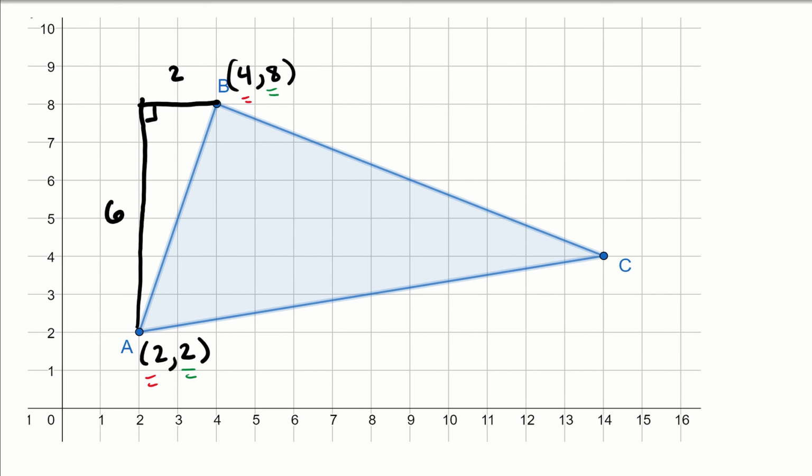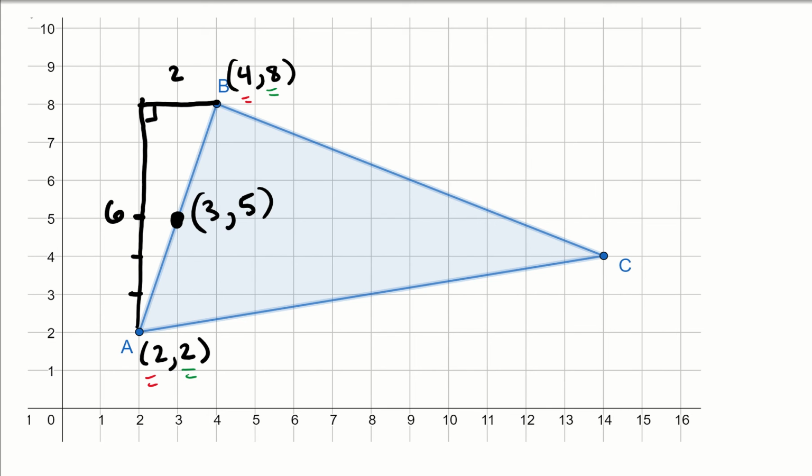If I do that, I'm going up 3 units, up 1, 2, 3 units. And then instead of going over the full 2, I'm just going to go over 1 unit. And you can see this lands me right here at this midpoint, and the coordinates of this midpoint are (3, 5).